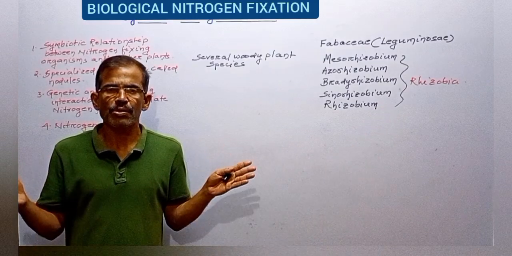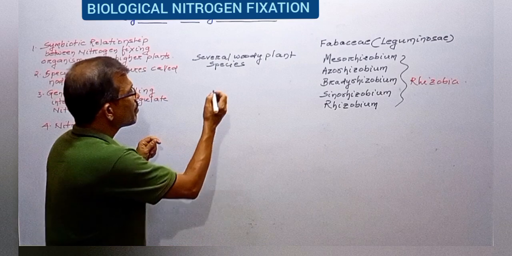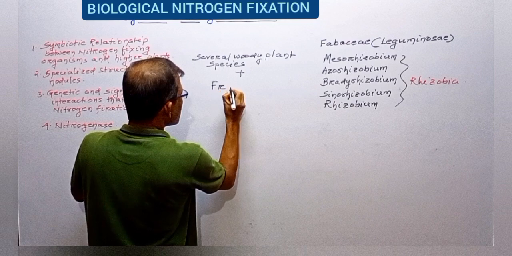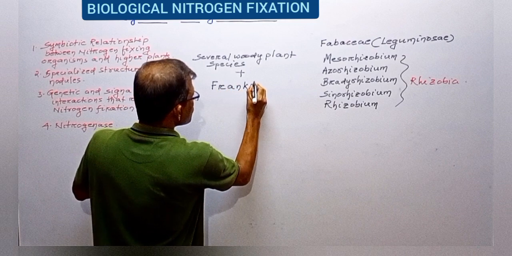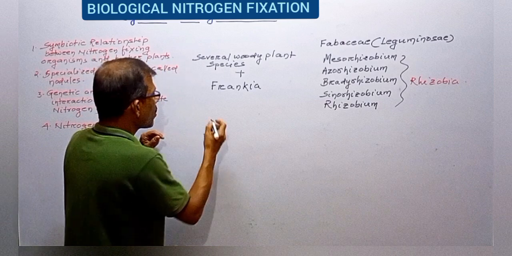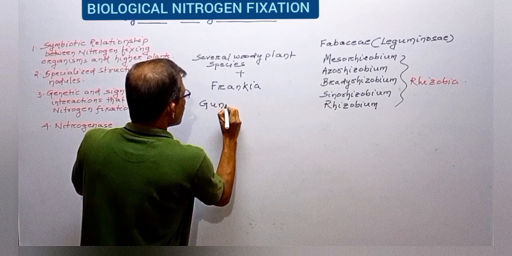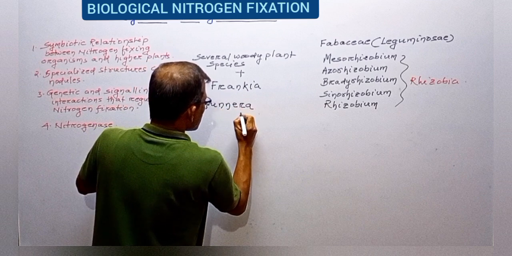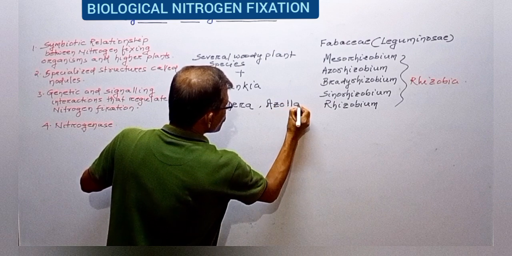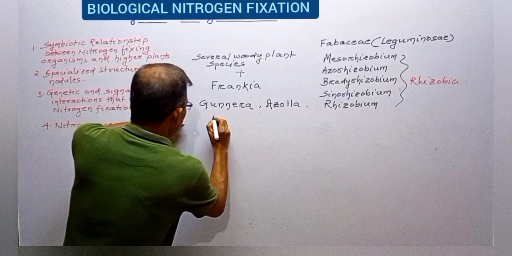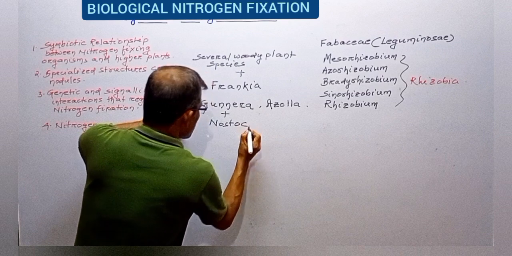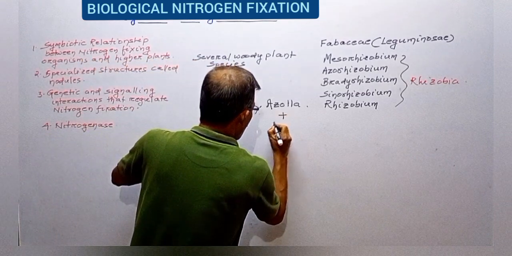Another type of symbiosis occurs between several woody plant species and soil bacteria of the genus Frankia. Still other types of nitrogen-fixing symbiosis involve the South American herb Gunnera and the tiny water fern Azolla, which form associations with cyanobacteria, Nostoc and Anabaena.